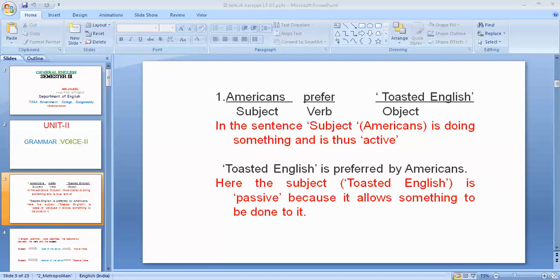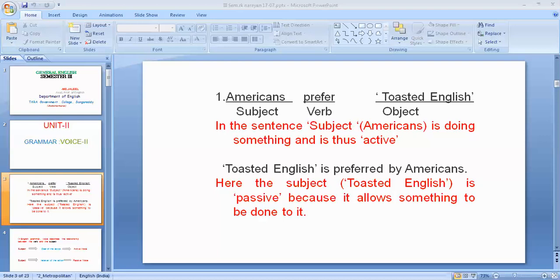The first one is Americans, the second one is prefer, the third one is toasted English. The word prefer in this sentence is a verb because prefer is related to some action. If we see the verb prefer, the next question is, who prefers? Then the answer is Americans.